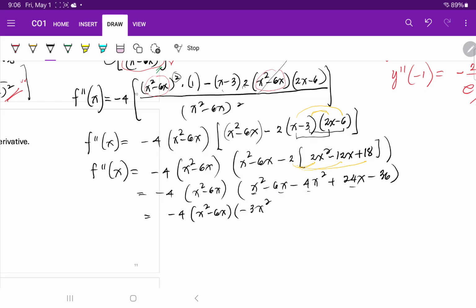Minus 6 plus 24 is plus 24. Hold on. Positive 24 minus 6. We get 18x. Hold on. 18x minus 36. Alright? So, that's your second derivative.